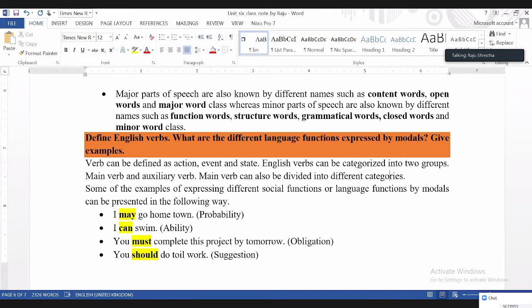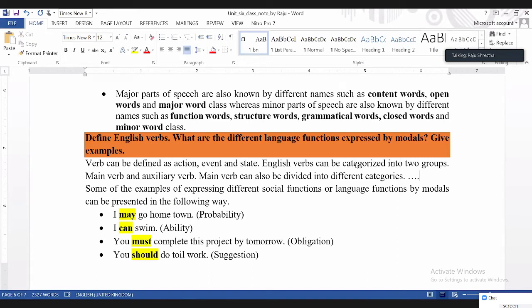So main verbs can be categorized into different, भनेर यहाँ चाहिँ थप्न सकिन्छ: transitive verb, intransitive verb कुराहरु हैन. Then main verb also in different forms हैन, we say present verb, past verb हैन, present verb progressive हैन, then continuous. So we can talk about main verb.